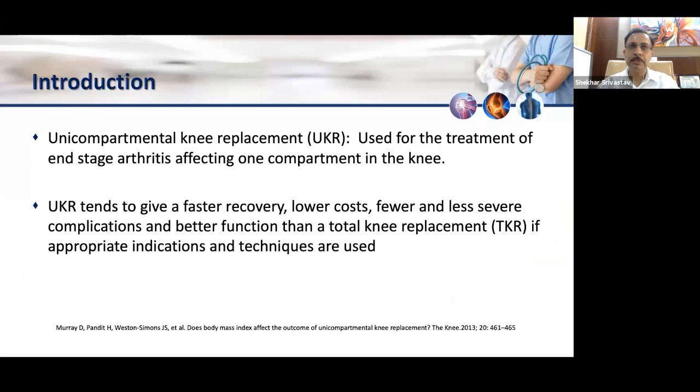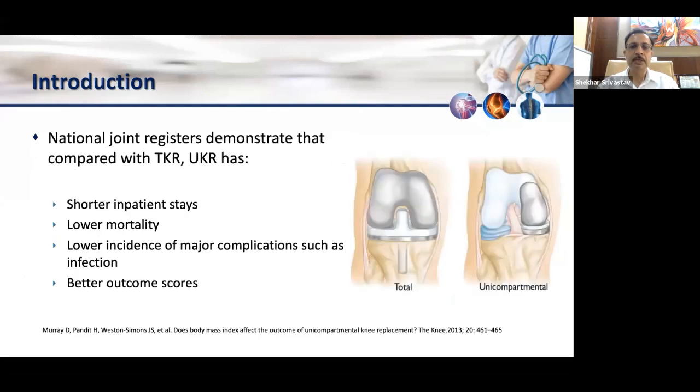Now, total knee replacement is a very successful and highly predictable surgery. But if there is involvement of only one compartment, then perhaps unicompartment knee replacement gives a very good result. It gives a faster recovery, fewer and less severe complications, and the function is much better than total knee replacement, because here the ligaments are left intact.